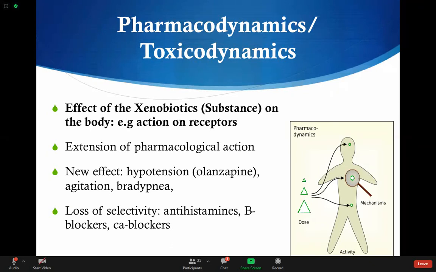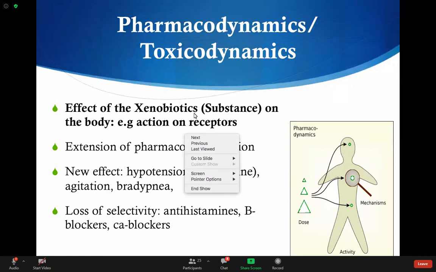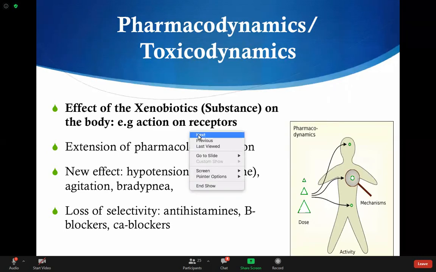So you lose the selectivity in overdose. Beta blockers that are selective on beta-1 will lose selectivity in overdose. So that's why we call it toxicodynamic. The dose makes a difference on the effect. All right, I just want you to understand the concept. You don't have to worry about the details.